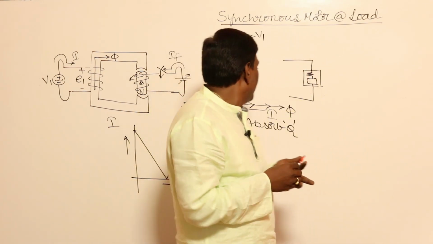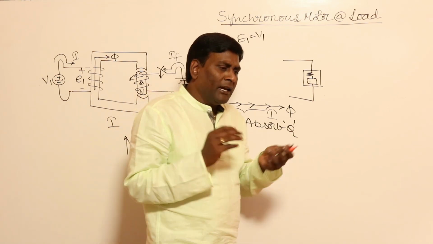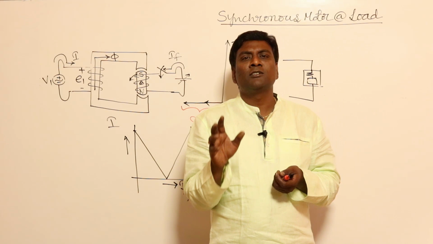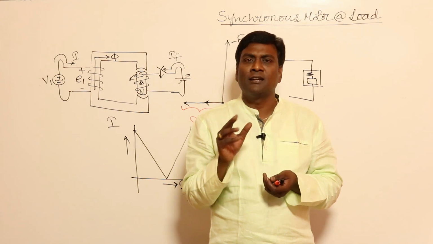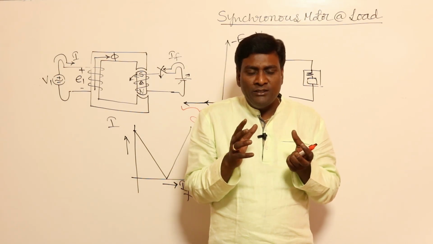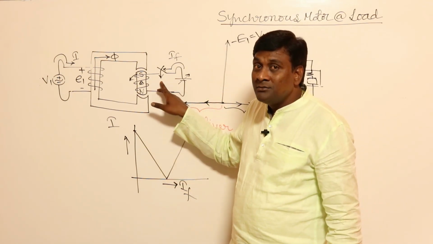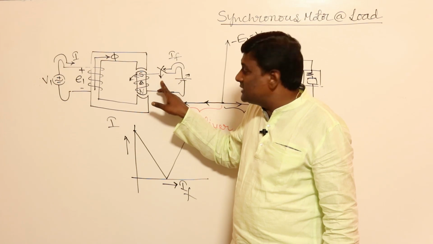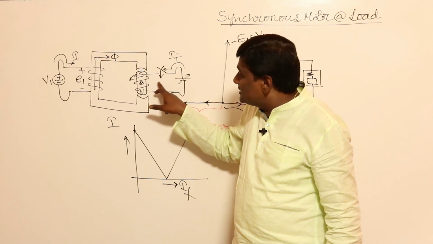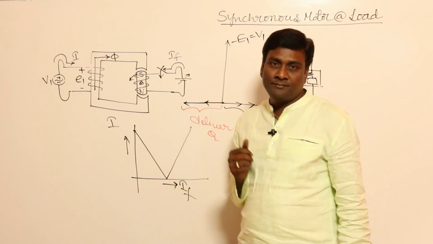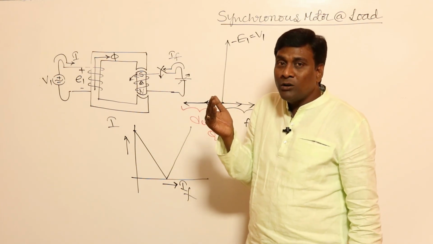Now, many times people ask me, sir, in a synchronous motor, how is it able to deliver reactive power? For example, if I over excite this, it means I am going to supply field current such that it is delivering 120 flux lines. So I over excited. If I over excite, then what will happen?